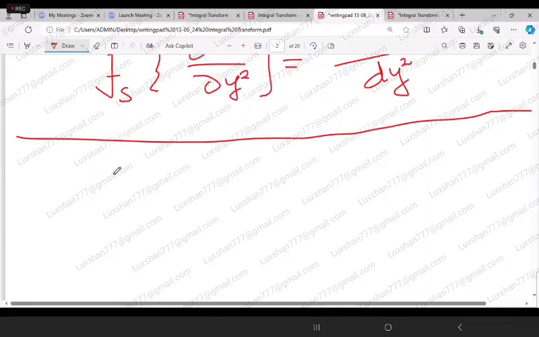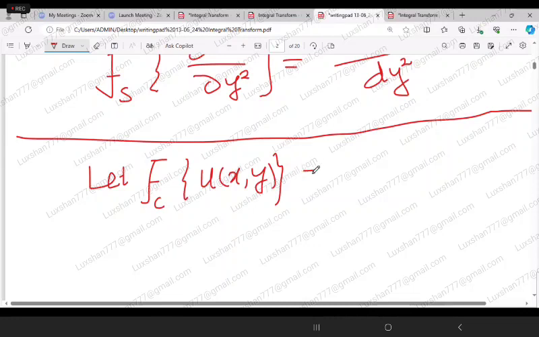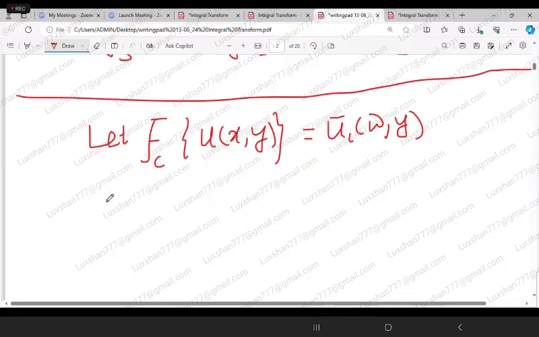Similarly we can write the Fourier cosine. So before that, let the Fourier cosine transform of the function u(x,y) equal ūc(ω,y). Then the Fourier cosine transform of ∂²u/∂x². Look at the variable.